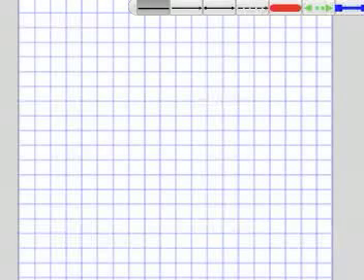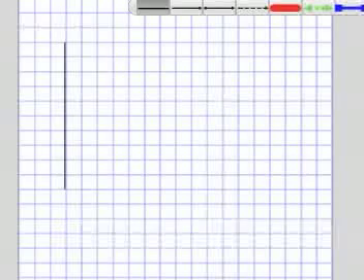When I go to begin starting to chart my data, I want to take into consideration the size of the paper or the space that I'm using and where this graph's going to be. So I'm going to start my Y axis right about here, leaving some space on the left side of it for some labeling and some numbers. And you notice I'm also being a little bit deliberate about my straight edge here.